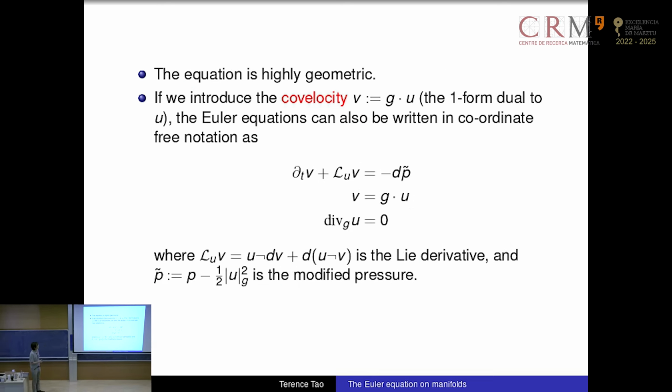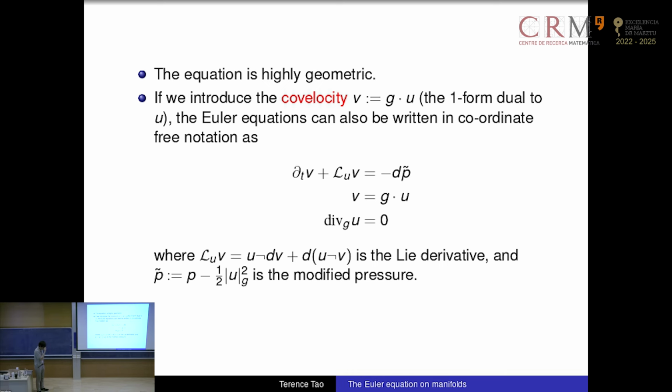Okay, so this equation has a very strong geometry. If you phrase it in terms of the one form, so if you change the velocity u to the dual one form, which I call v, the Euler equations take this form: the one form co-velocity gets transported by the velocity.